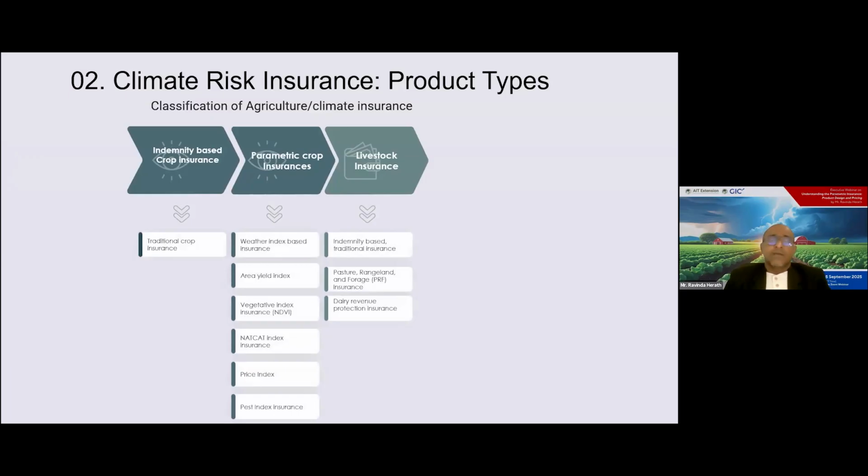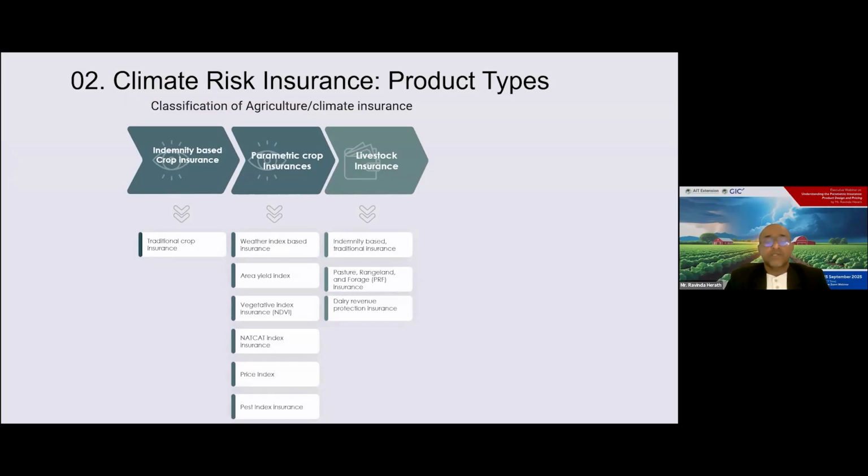So when we talk about the types of climate risk insurance, we can categorize based on many categories and many definitions. But I categorize this kind of product into three, with crop and livestock separate, because their operations are a little bit different. So one is indemnity-based crop insurance. As I mentioned, indemnity covers the losses, and also parametric insurance.